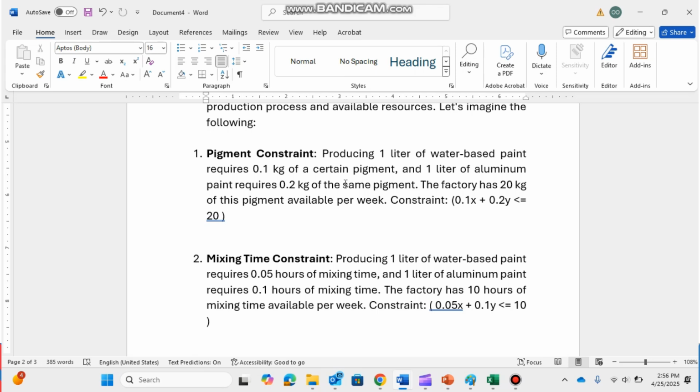So you can only produce this quantity of paints, either water-based paint and or aluminium paint. You're only given 10 hours to do the production. Now, that is the second constraint in the question.